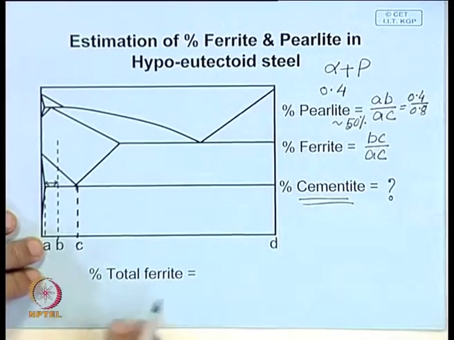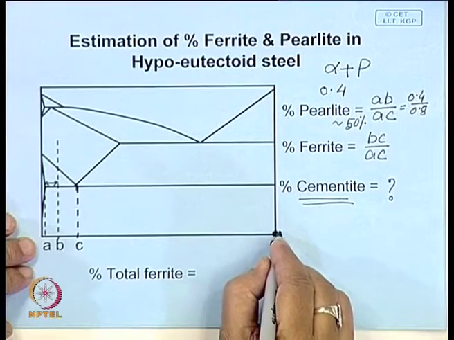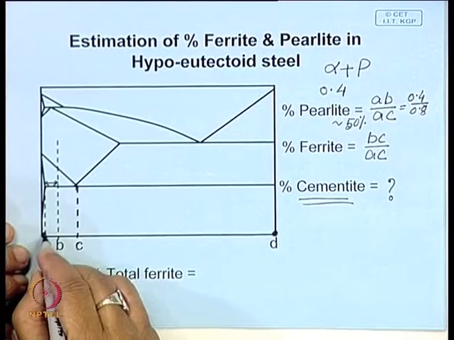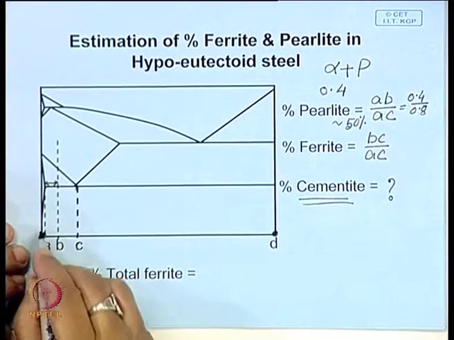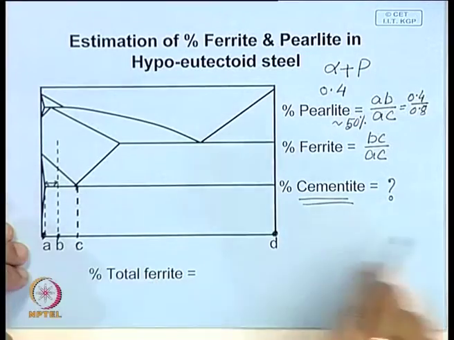Here also you will apply the lever rule, and the cementite composition is given by this point, and for ferrite, you ignore the solubility of carbon. So, the ferrite composition is given by this point, and this is the composition of the steel.